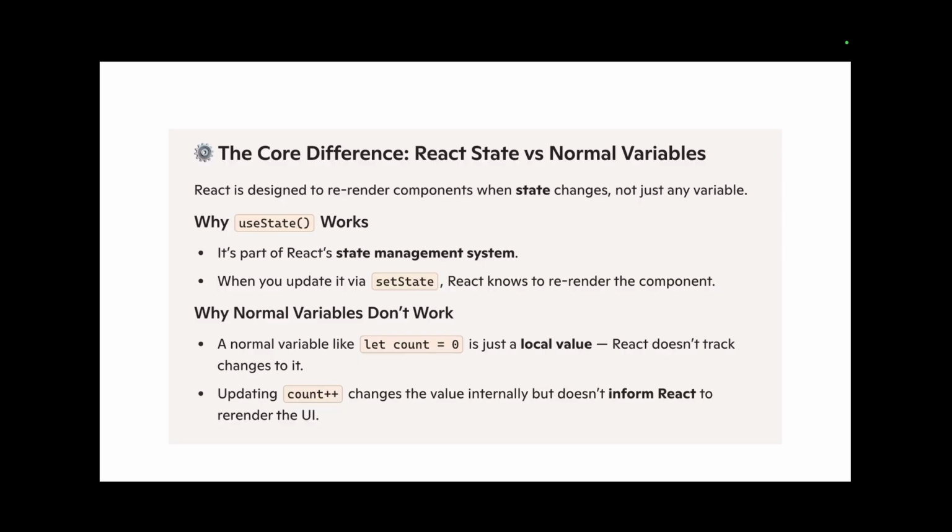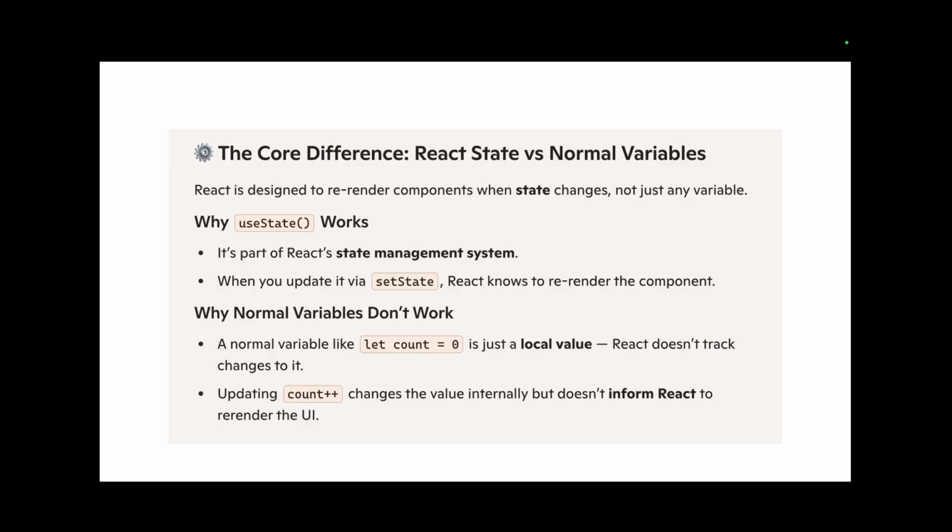So the core difference between React state and a normal variable is what we are talking about now. React is designed to re-render a component when state changes, not just any variable. So why does useState work? Because it's a part of React's state management system. When you update it via the set state function, React knows to re-render the component.